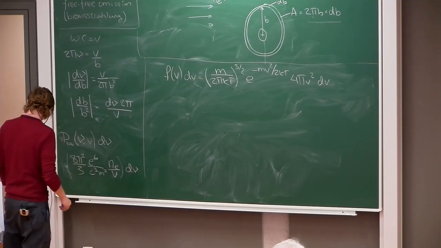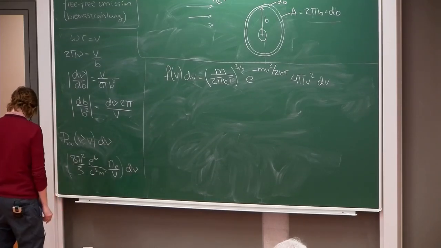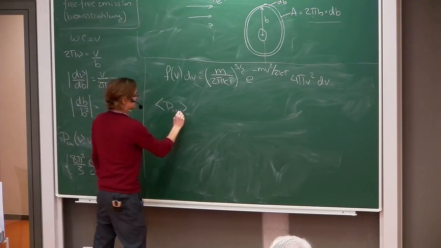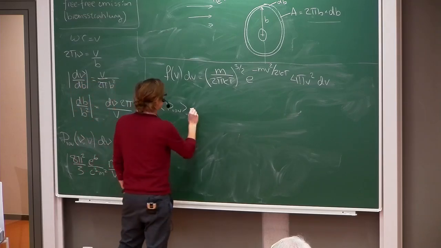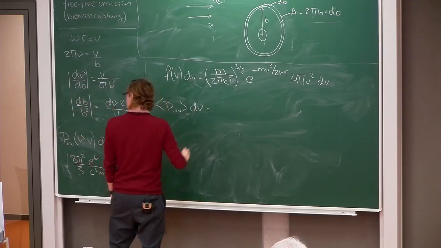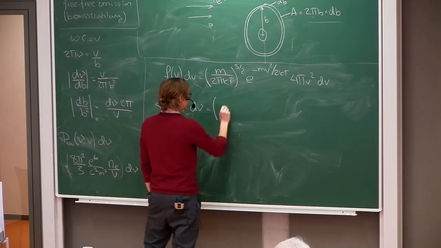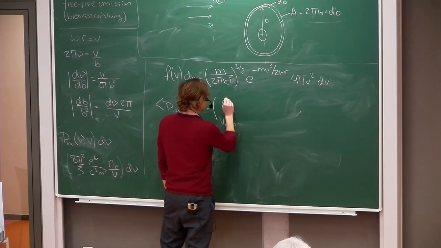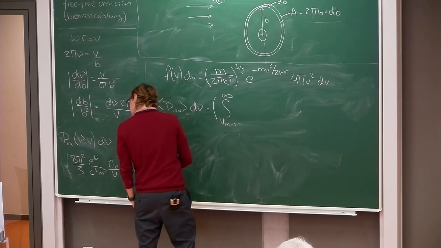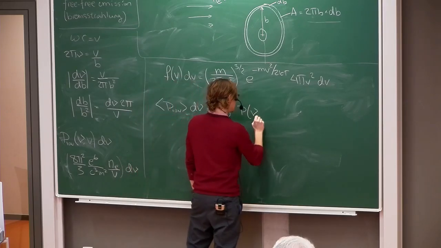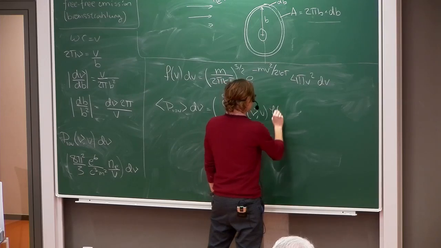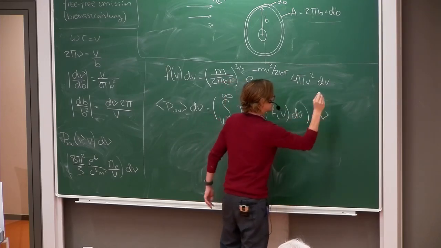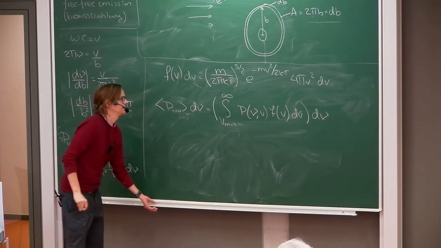Now, if we want the averaged emitted power in nu, we have to integrate from some minimum velocity to infinity, P nu v, and then f of v, over all the v's, and then we have the d nu there.